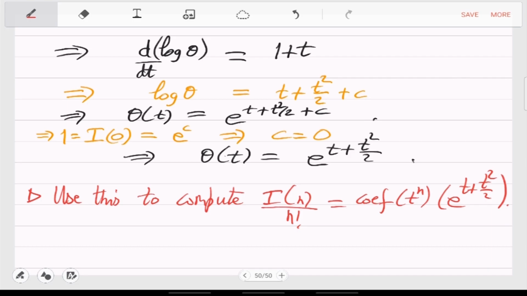Okay. Will we have what? Here. Plus 1. Why do you have plus 1? So initially this was 0, right?